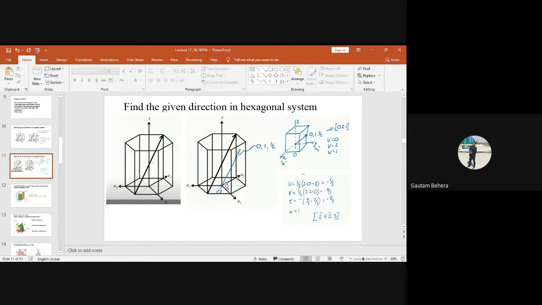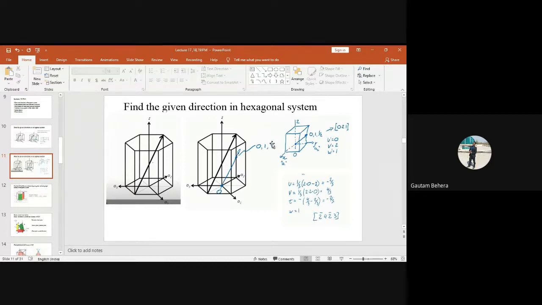So that's why A1 is 0, and since you are traveling in the A2 direction by 1 unit magnitude, this is 1, right? And finally you have to travel in the Z direction. So you are traveling a half distance basically. Because the total distance is 1, from here to here it is 1, so you are traveling only half distance, so that will be 0 1 and half.